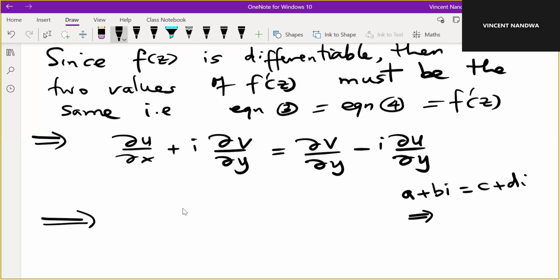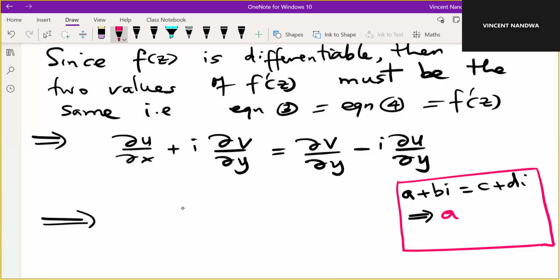If a plus bi equals c plus di, then a equals c, and b equals d. So that's the condition that assures the equality makes sense.